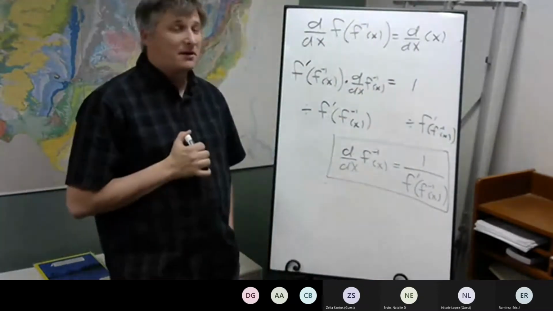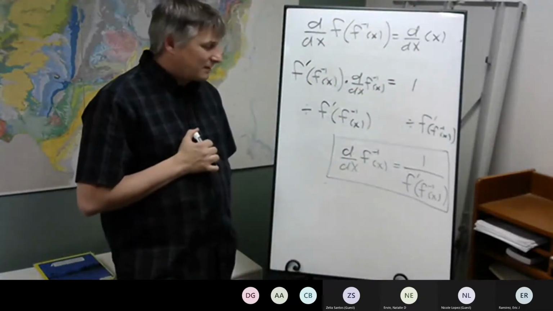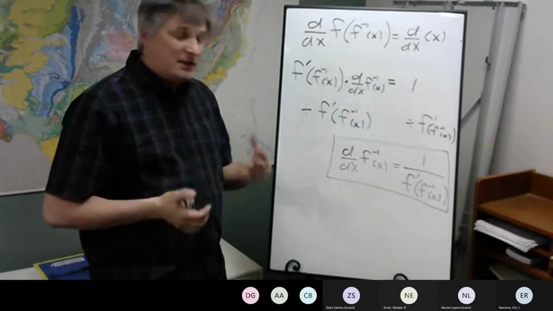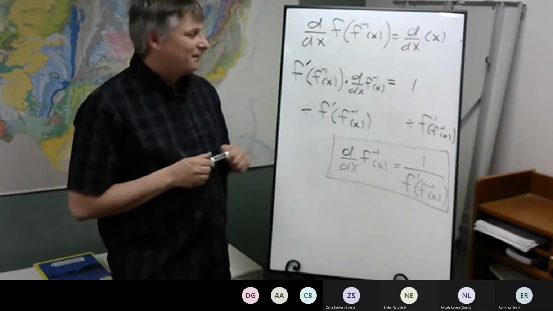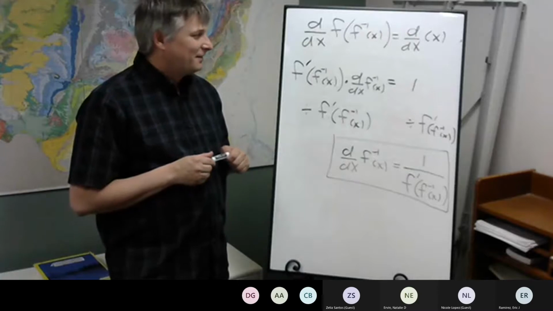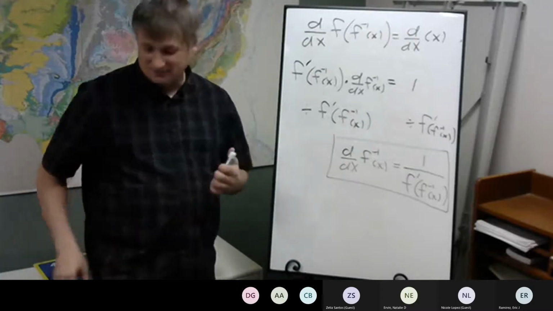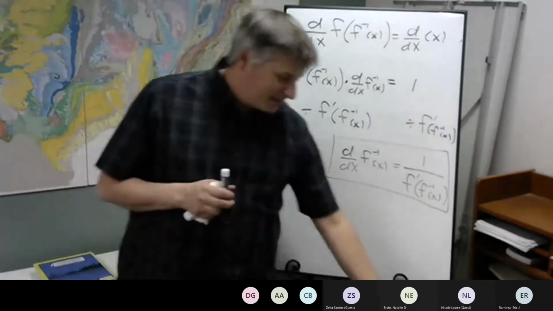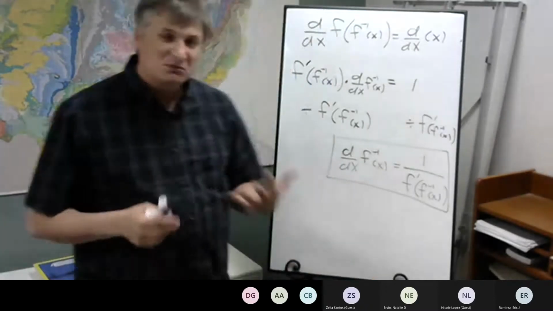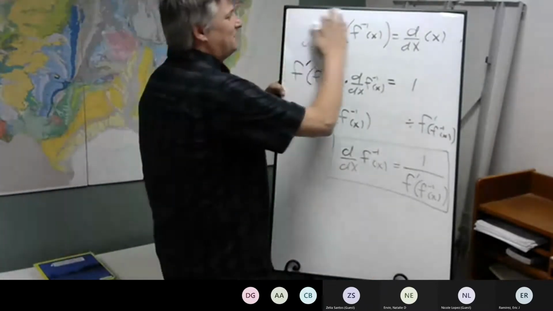So that's going to be our answer. So any questions about that? All right. So let me do an example. And this is going to be an example that's going to help us out a pretty good deal today.